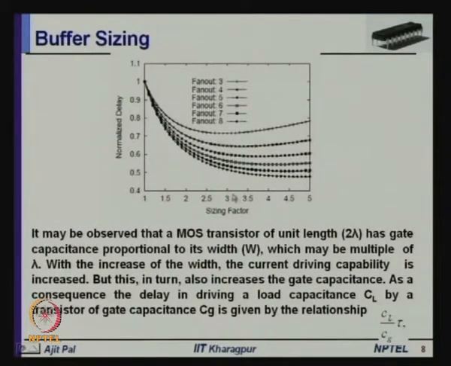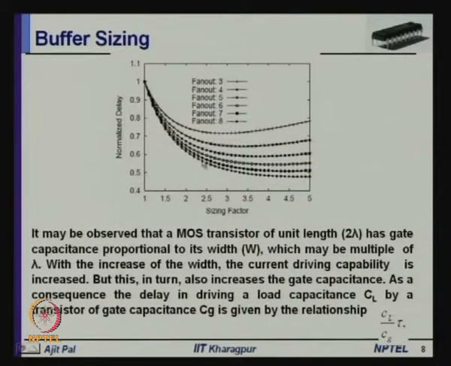We can see that whenever the fan out is small, say 3, then as you increase the size, it definitely reduces the delay, but not to a great extent. Reduction is 20%. You can see this is a little more than 20%, say 25%. But when the fan out is large, say 8, we have done experiment for fan out 3, 4, 5, 6, 7, 8.